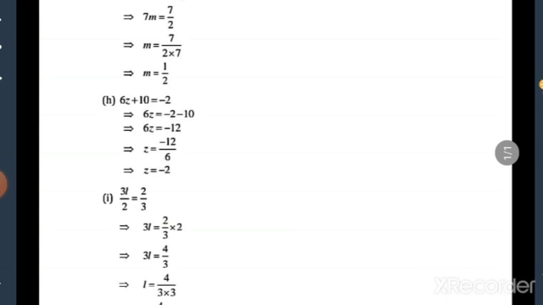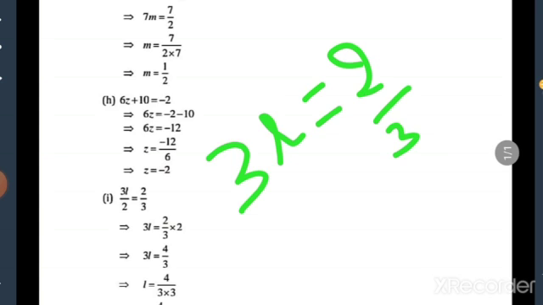Then 3l by 2 is equal to 2 by 3. Here 3l by 2. We want to find the value of l. So first of all make the 3l term alone. I want to transfer 2 from the denominator to the other side. So I transfer 2 from LHS to RHS.